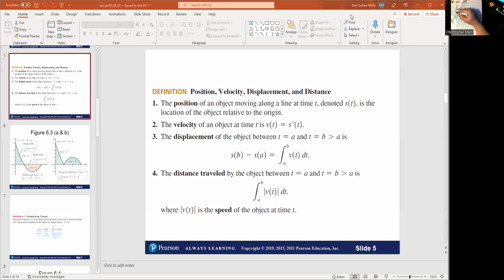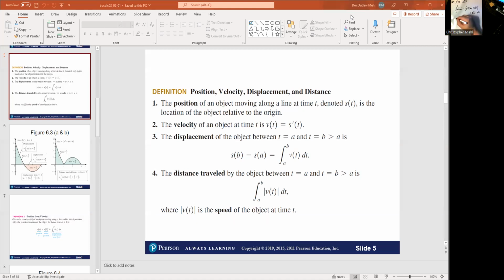So, the integral from 0 to t of v of x dx, I know from the fundamental theorem of calculus, this is the integral from 0 to t of s prime of x dx, and that's just going to be s of x evaluated from 0 to t, which is going to be s of t minus s of 0.